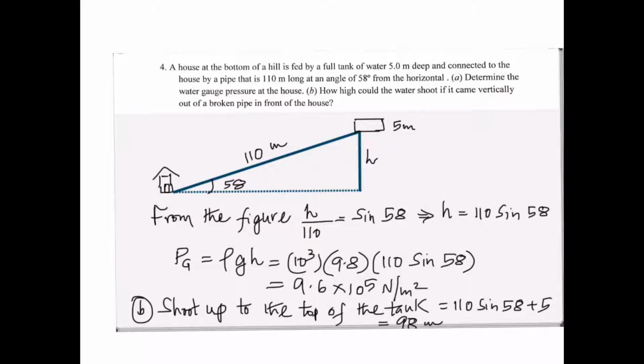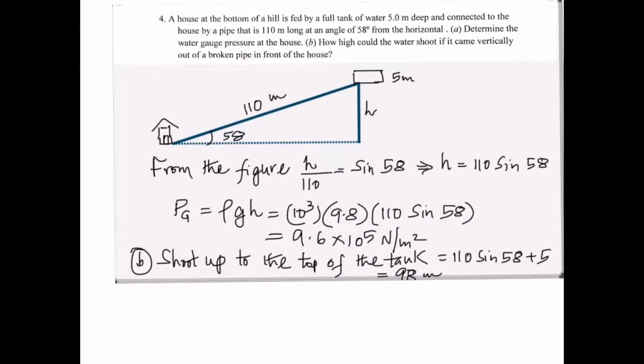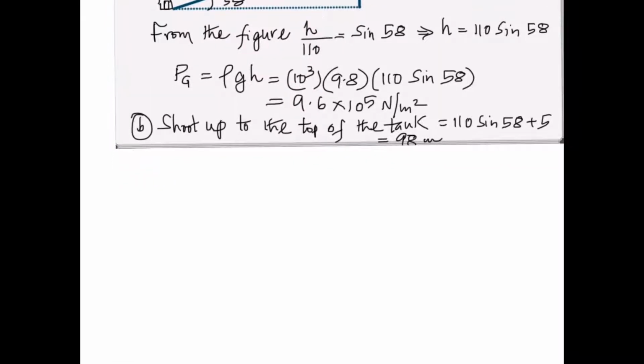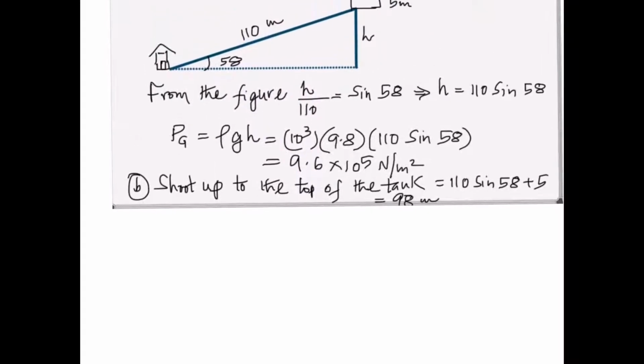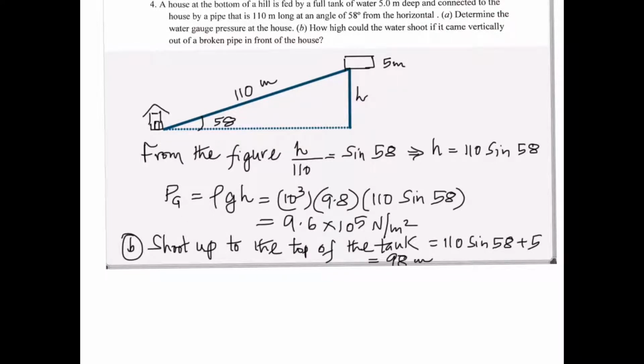And now we go on to the B part. The B part says, how high could the water shoot up if it came vertically out of a broken pipe in front of the house? So how high it could shoot up would be the total height, and the total height is nothing but 110 sine 58 plus 5.